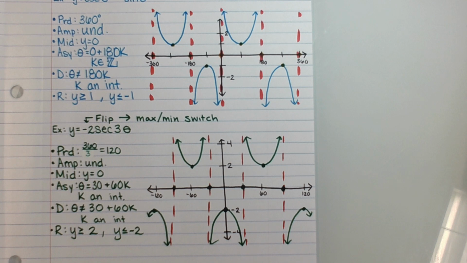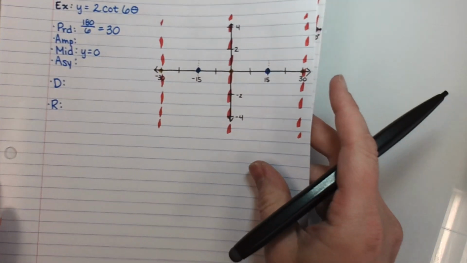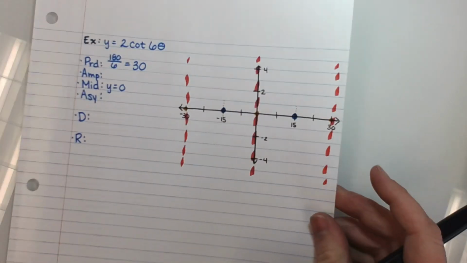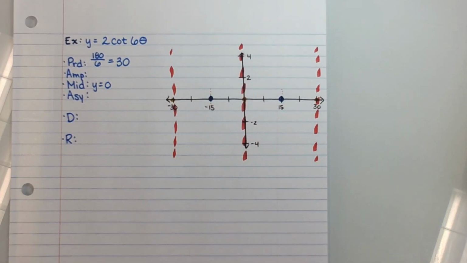Why is that important? Okay, let's go back to where we were talking about tangent and cotangent. Bring this back over. The tangent graph, we already established, would have had asymptotes there. Then the graph itself would have done this, and this, and this.